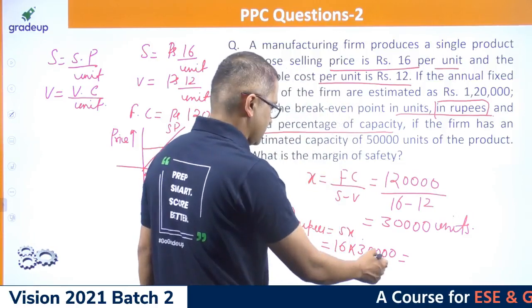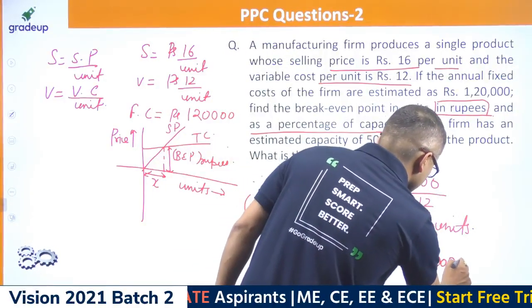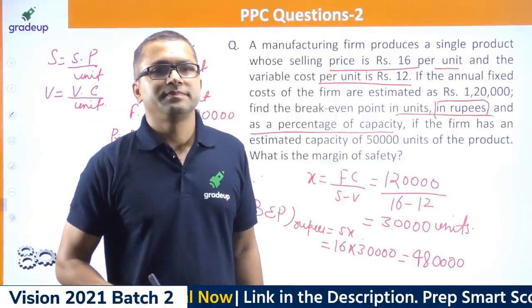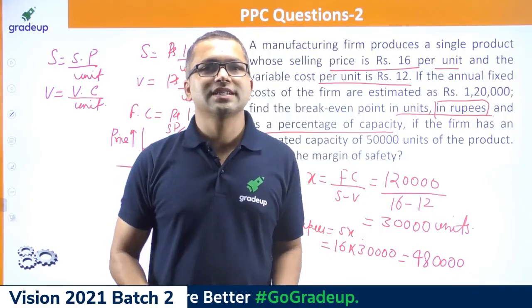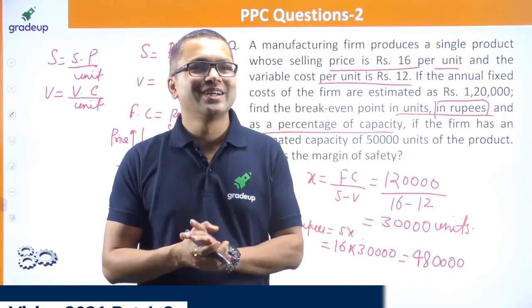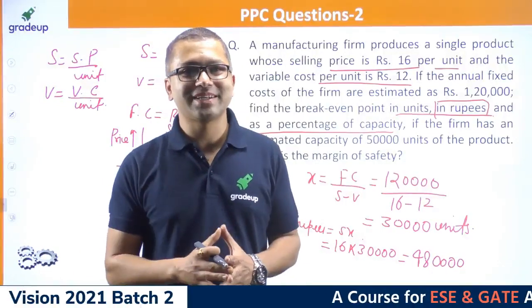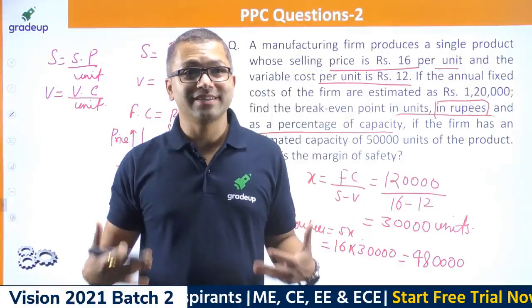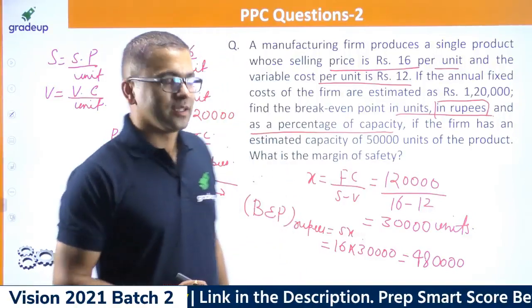So you're going to get how much? 4,80,000. Yes, Krishnaram is correct, Mohammed is also correct. It's good that you guys are here. Still, tomorrow you have a paper, but that shows that you are consistent. Good.